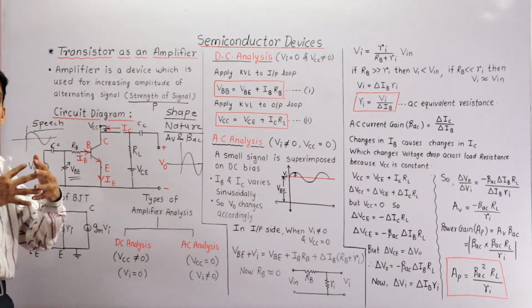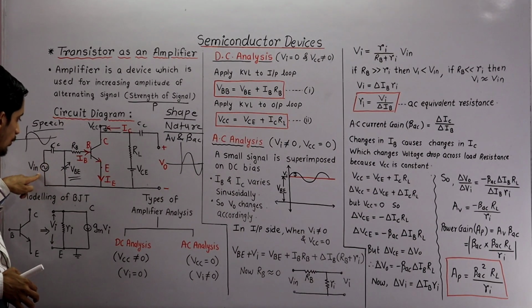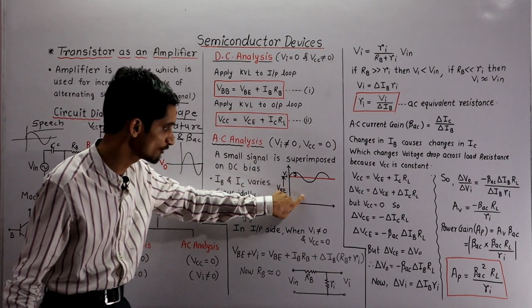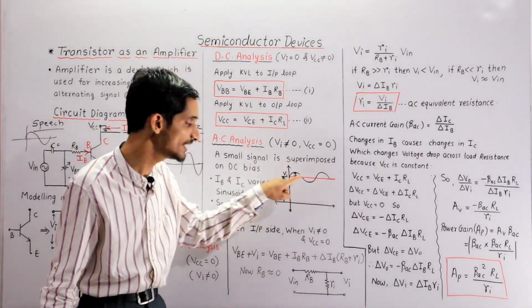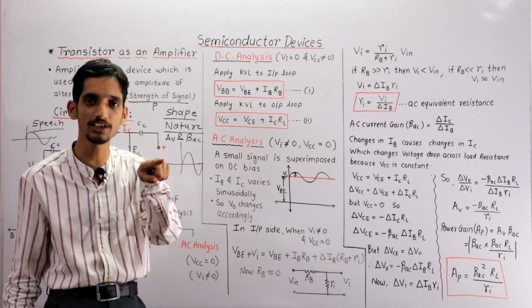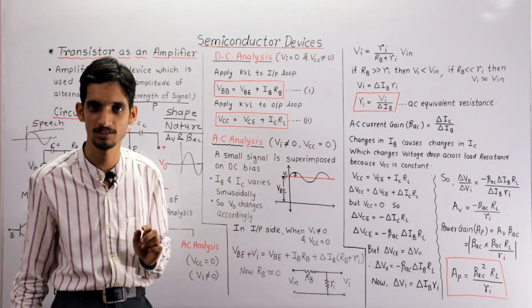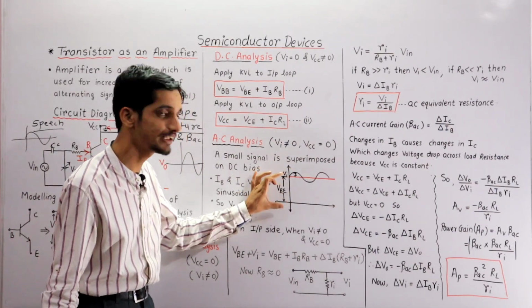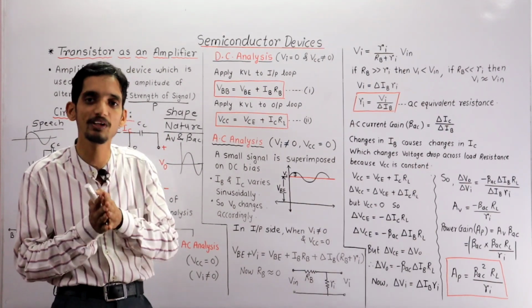So now it is a superimposing of the small signal input over this DC bias, which is shown in this diagram. In this diagram, this horizontal red line indicates the DC bias, constant voltage, and Vi is the applied input, speech, time varying. So there are variations. It is a superposition, which means addition of two voltages.